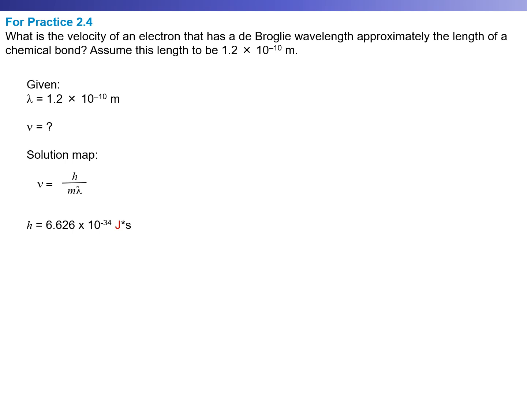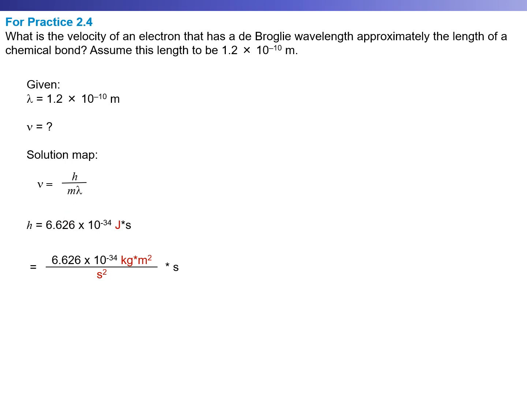So we can rewrite Planck's constant using a different set of values for joules, and it would be 6.626 times 10 to the negative 34 kilogram meters squared over seconds squared, and then we have to hang on to this times seconds, which came from here. This is how we're going to rewrite Planck's constant, because we're going to have to cancel some stuff out.